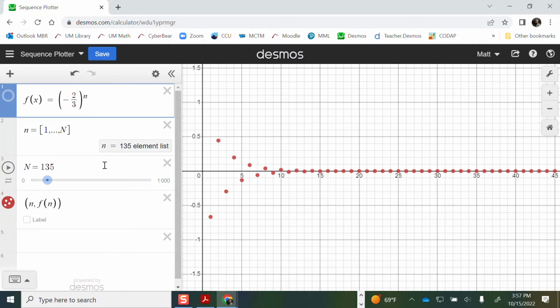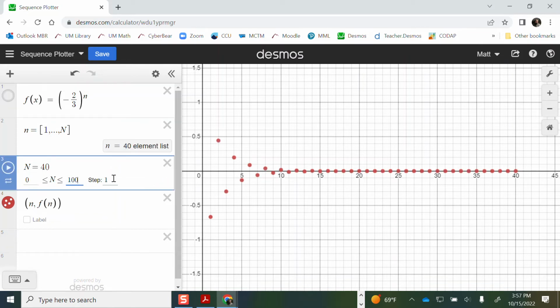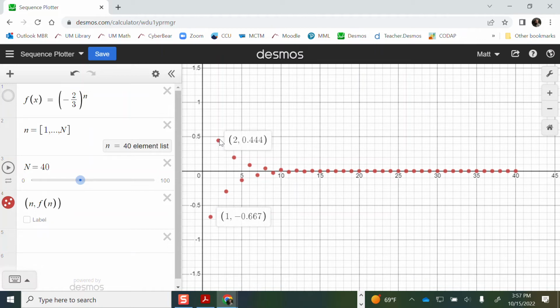So then we get this picture. Maybe we'll change this back to 100 so we don't have quite so many points on board. You see the first term is -2/3, and the second term is -2/3 squared. So that's going to bop it up to positive, and then negative, and then positive, and then negative.